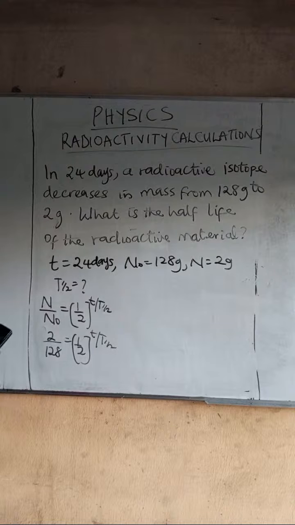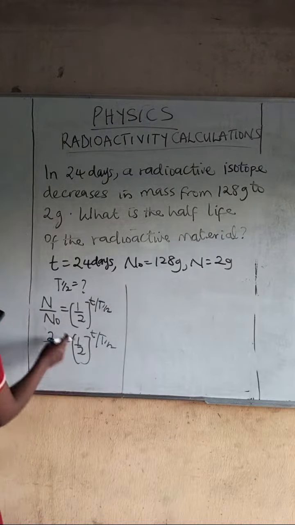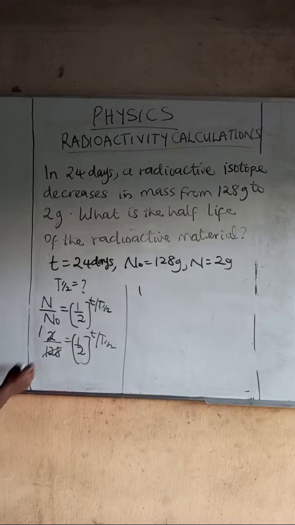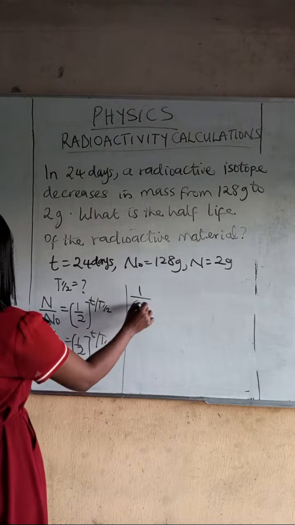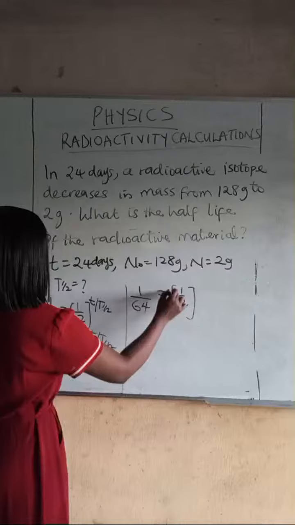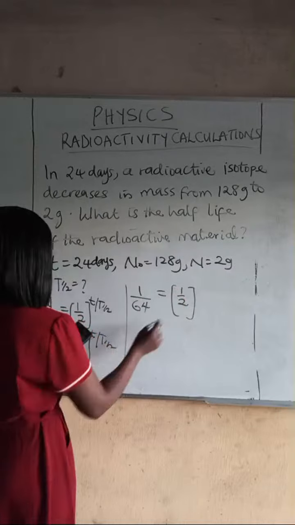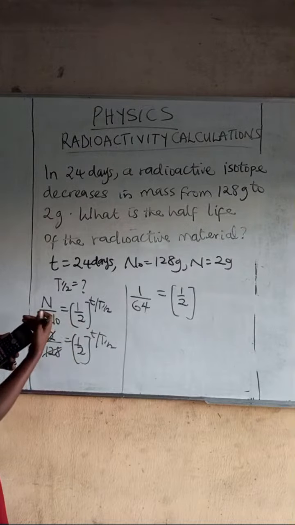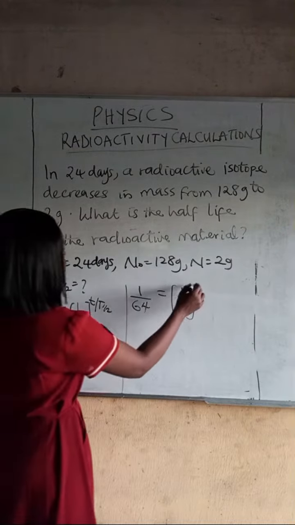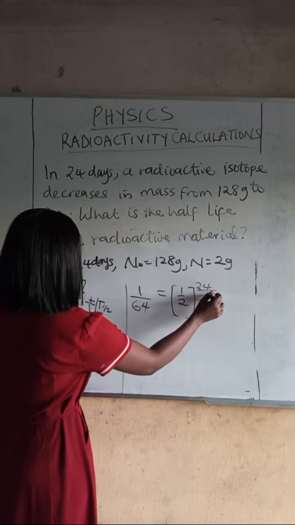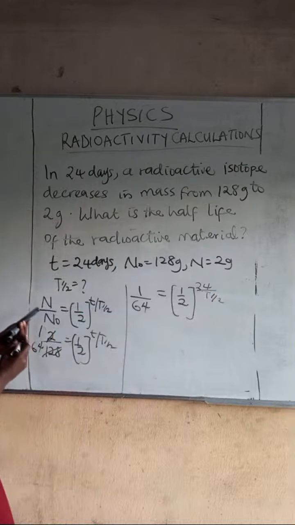Let's divide: 8 into itself 1, 8 into 128, I'm going to have 16. So this is 16, right? What's my time? My time is 24, over half-life, which is what I am looking for.